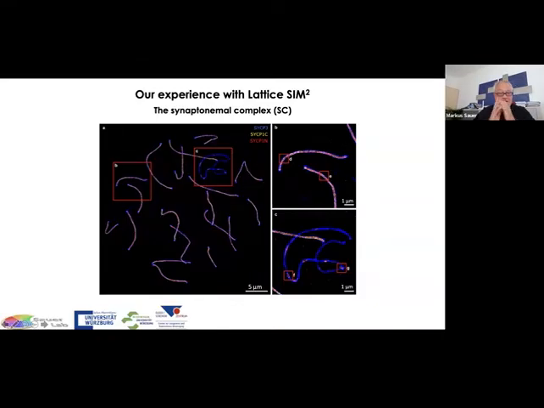Yeah, we had the chance to test the new Lattice SIM² in my lab, and we were, as I just mentioned, fascinated by the possibilities the method provides. It's easy to use. With standard sample preparation methods, even fluorescent proteins can be visualized in living cells at super resolution, and it's super easy to handle and really, really fast if you are used to the speed of the older structured illumination microscopy versions.